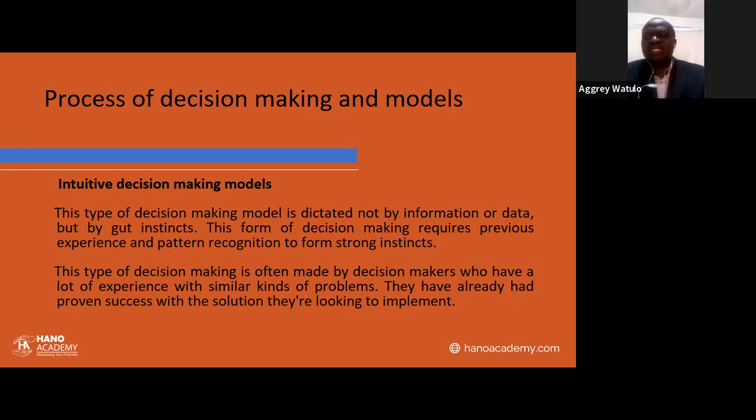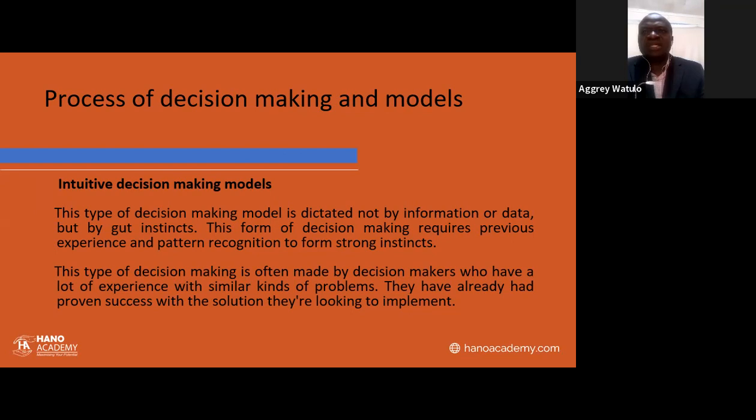Like, for example, doctors. If a doctor has spent a lot of time in the organization, a lot of time in the field, then he can solve a number of problems. So people with experience, people with knowledge, and people with the skills use this model. It is based on intuition.